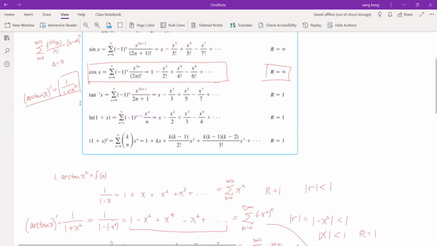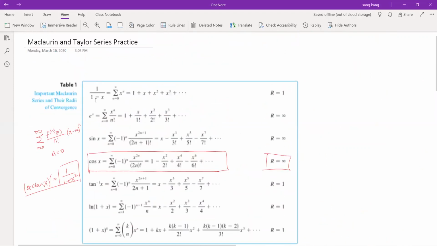So again, ln of 1 plus x was derived from the geometric series. We know that the derivative of ln of 1 plus x is going to be 1 over 1 plus x.